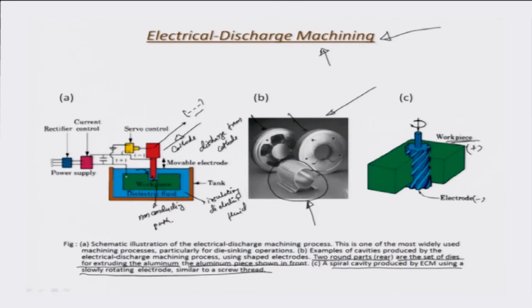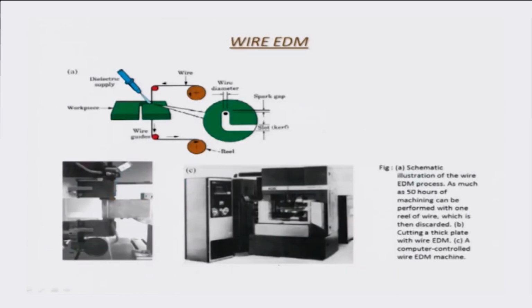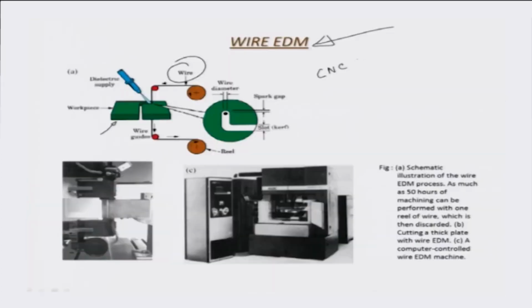So having said that, a slight variant of this process is found in very commonplace and very handy tool for having complex shapes like L slots or cam profiles being cut, and this is called wire cut EDM, okay. And typically the process is driven by a CNC system, so that is why we call it CNC wire cut EDM.